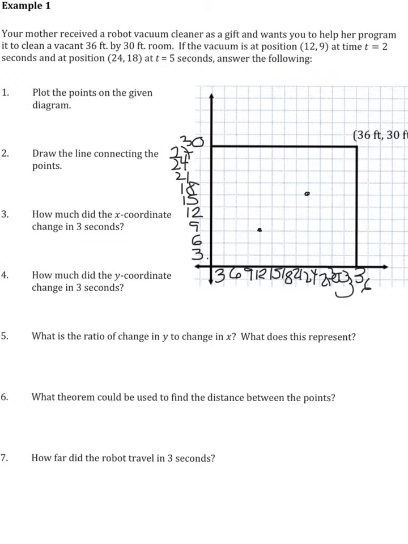Okay, so draw the line connecting the points. You use a straight edge. I will do the best that I can with what I've got. Okay, how much did the x-coordinate change in 3 seconds?